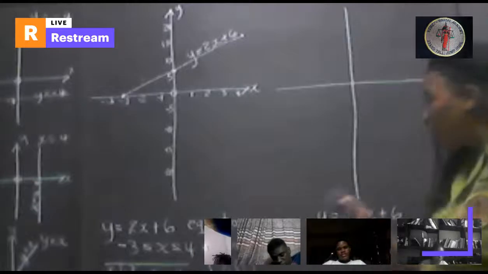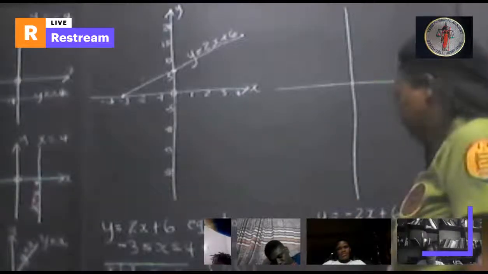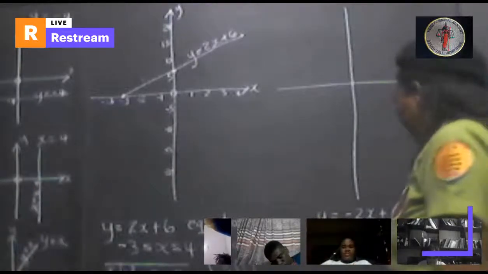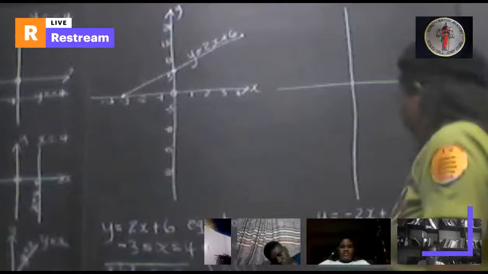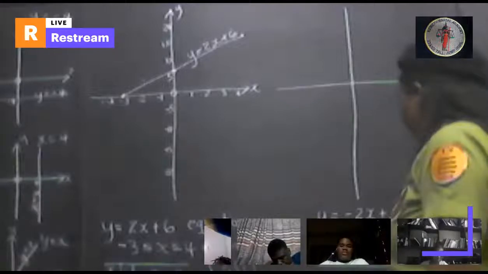So we're using the same domain, -3 to +4. And we're going to see the difference it makes just by the coefficient of the x being negative this time. So let me shift so you can see. So that's what we're working out this time.